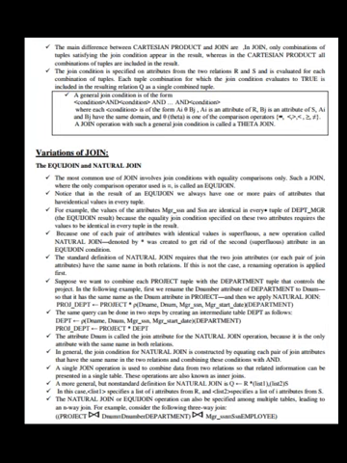Suppose we want to combine each project tuple with the department tuple that controls the project. In the following example, first we rename the Dnumber attribute of department to Dnum so that it has the same name as the Dnum attribute in project, and then we apply natural join: PROJECT * ρ(Dname, Dnum, Mgr_ssn, Mgr_start_date)(DEPARTMENT).